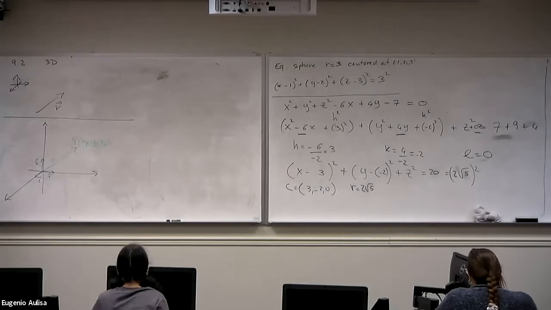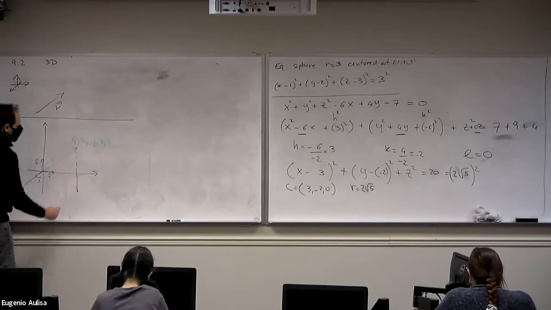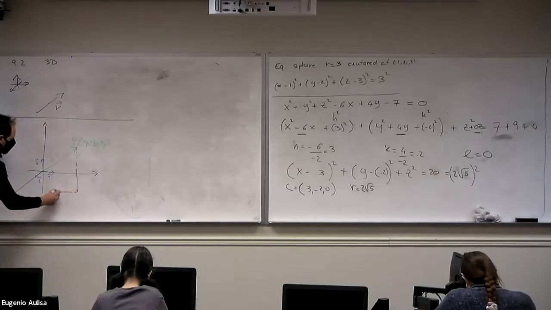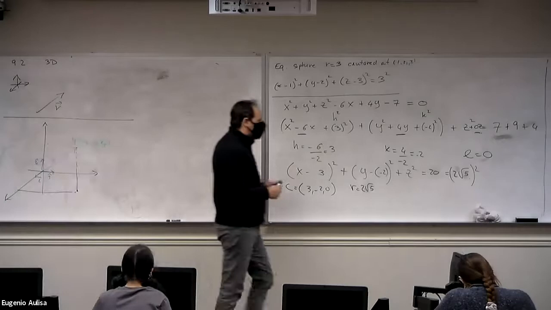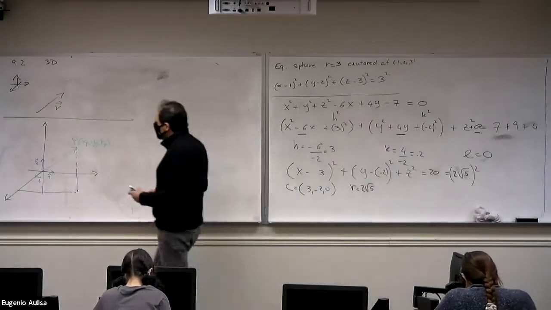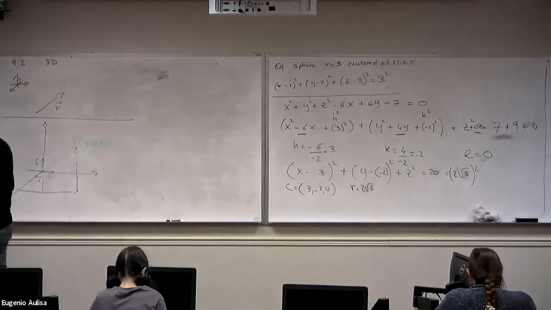So, as we did before, I can take this point P and project it on the xy plane. Then take this point here and project it on the x-axis. And I'm going to build the vector V as the sum of three vectors.